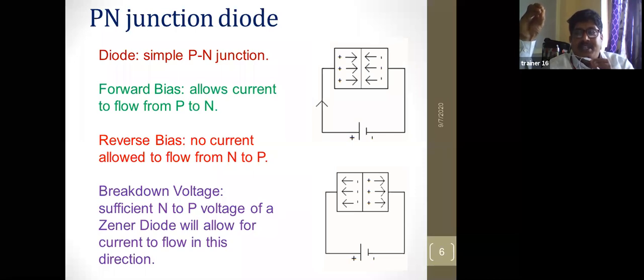It indicates the electrons are very few and holes are more, so the holes are dominating in this reverse bias.